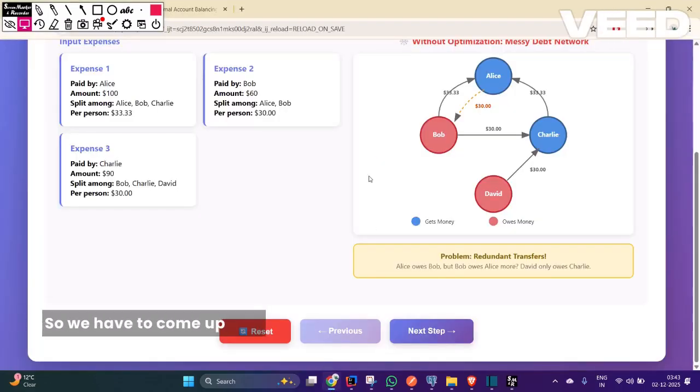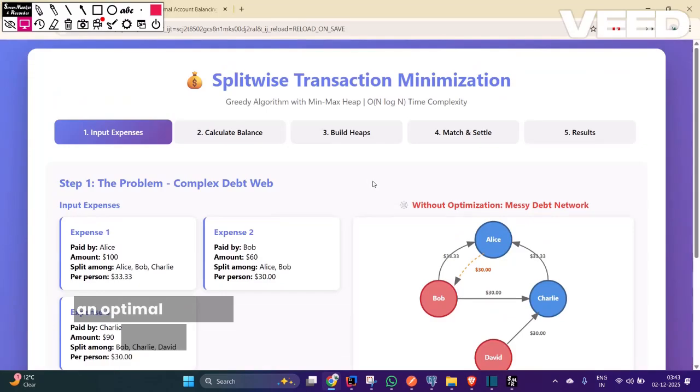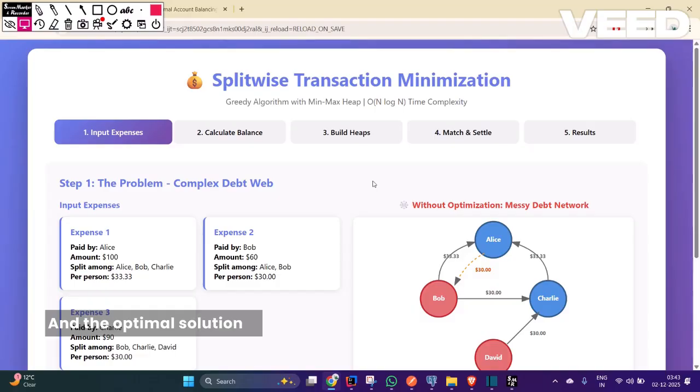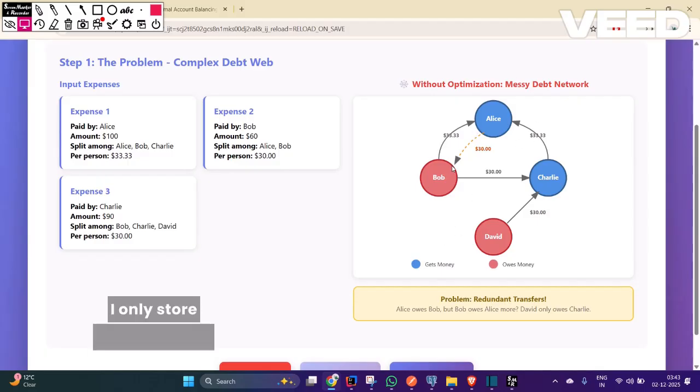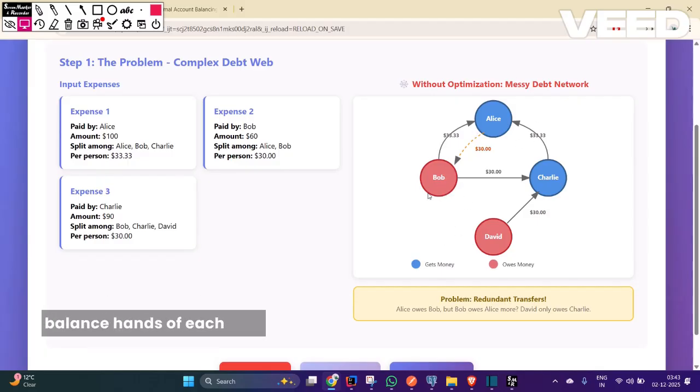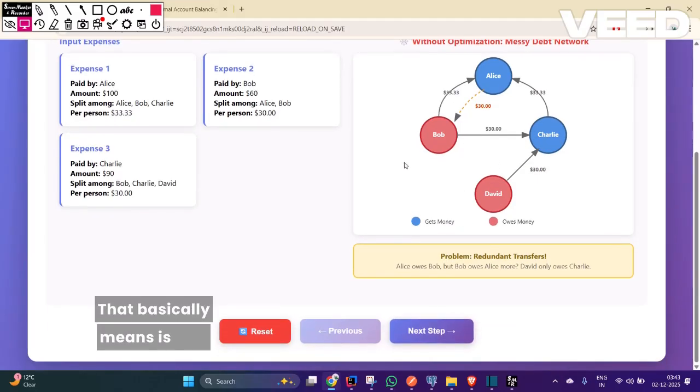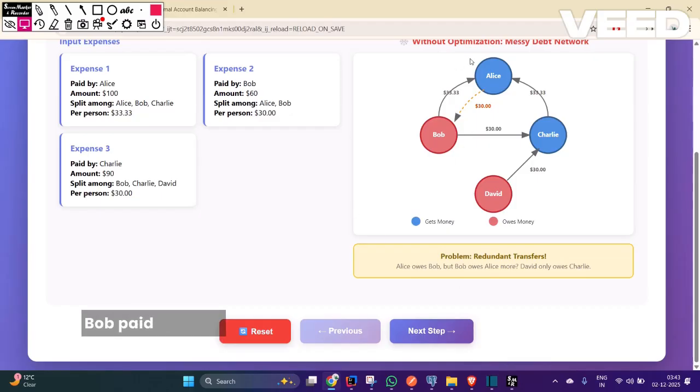So we have to come up with an optimal solution for this, and the optimal solution is the greedy Splitwise algorithm, right? So the key point in this algorithm is that I don't store who pays whom. I only store the net balance of each user after all the transactions. That basically means Bob paid Alice 33, Alice gave back Bob 30, then Alice demanding Charlie 33.